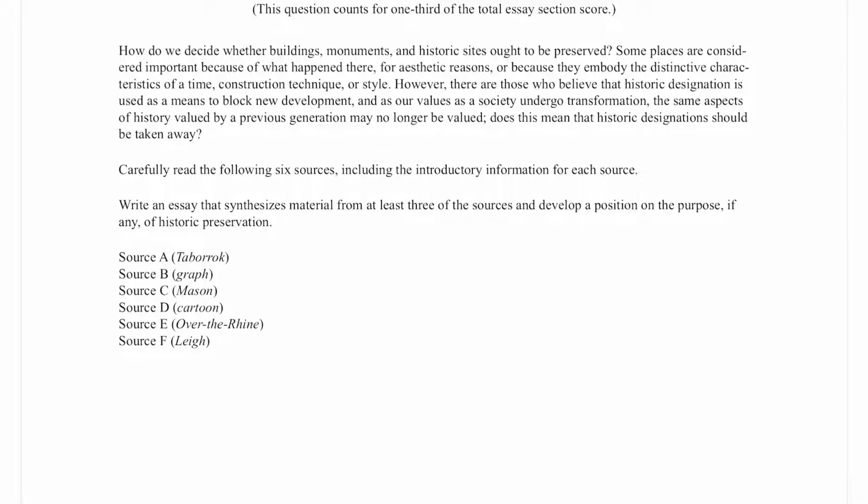Or here it says, develop a position on, and here's the part that's different for this essay. It says, on the purpose, if any, of historic preservation. So we are talking now about the purpose of historic preservation. Is there one, and what is it?